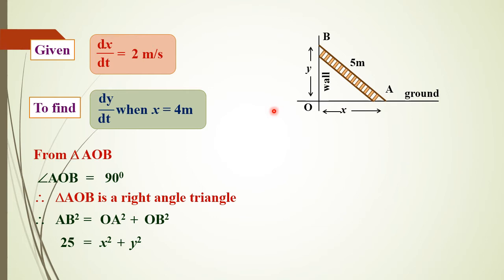In this case, the base of the ladder increases, so it can be written as dx divided by dt equal to 2 meter per second. For every second, the ladder is dragged 2 meter. Therefore, the variable x changes with respect to time, and dx divided by dt equals 2 meter per second.